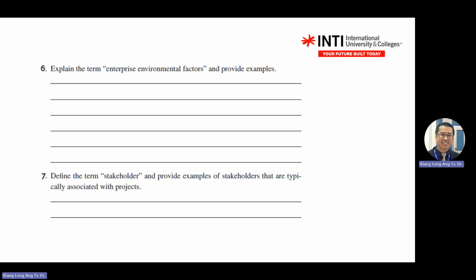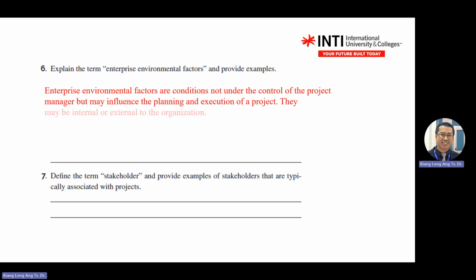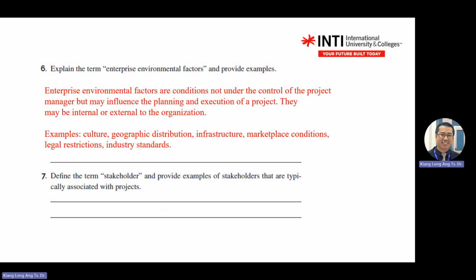Okay. Number 6, explain the term enterprise environment factor. This one is not in my slides. You need to go and read the handbook, but I'll give you the answer. Enterprise environment factors include culture, geographical distribution, like where you put your outlets, your factory, your distributor, your distribution center, infrastructure, marketplace conditions, legal restrictions.